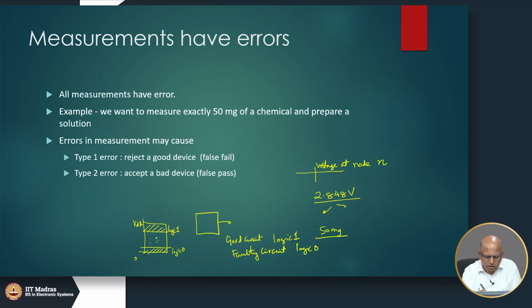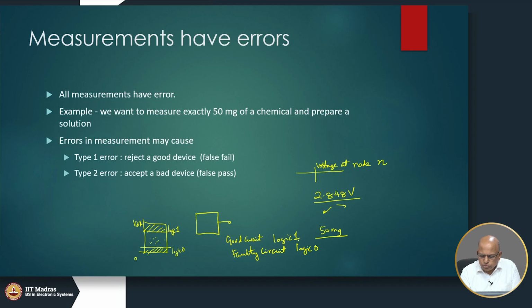And everything in between is neither logic 0 nor logic 1, okay. So, when you make the measurement, right, suppose because of error of the measurement you confuse a logic 1 to a logic 0 or a logic 0 to a logic 1, then two things can occur, right.